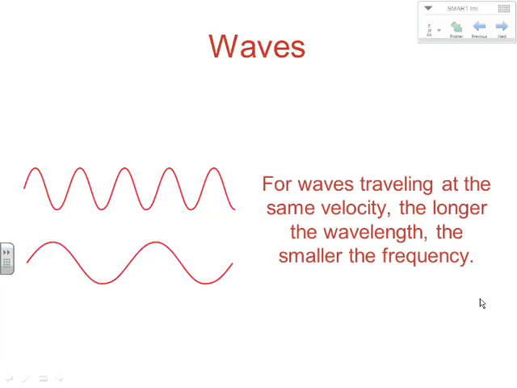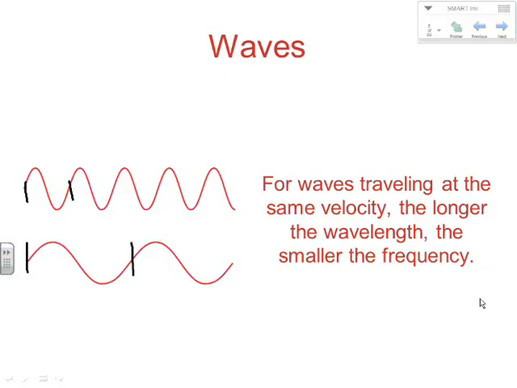Now, for waves traveling at the same velocity, the longer the wavelength, the smaller the frequency. So if these two waves are both traveling at the speed of light, which is a characteristic property of electromagnetic radiation, you'd notice that the higher frequency one on top has a smaller wavelength compared to the larger wave at the bottom.